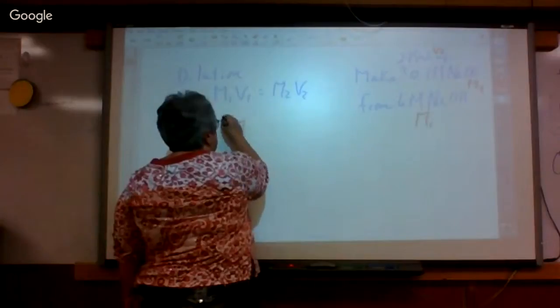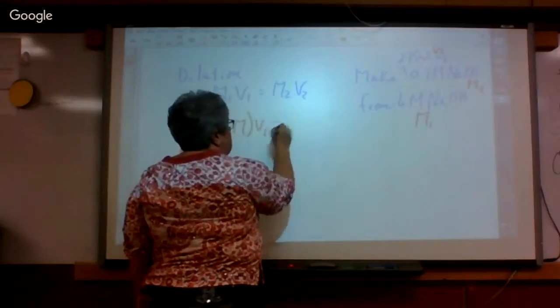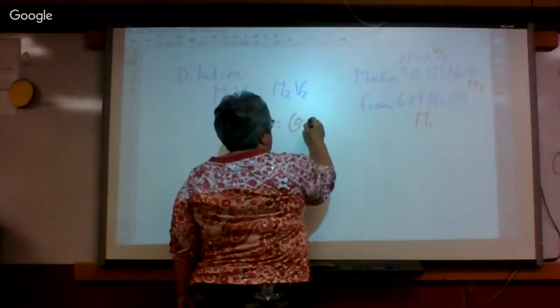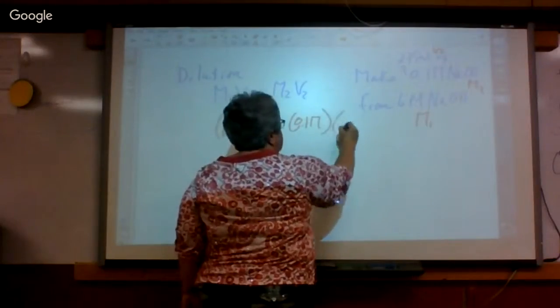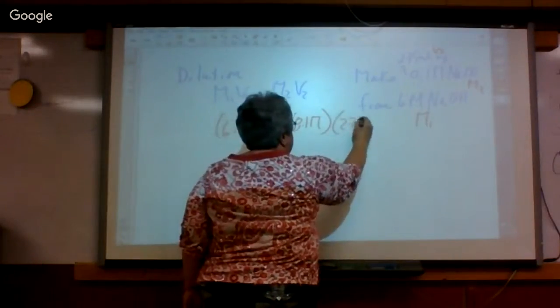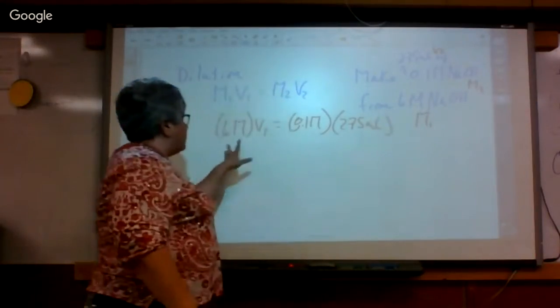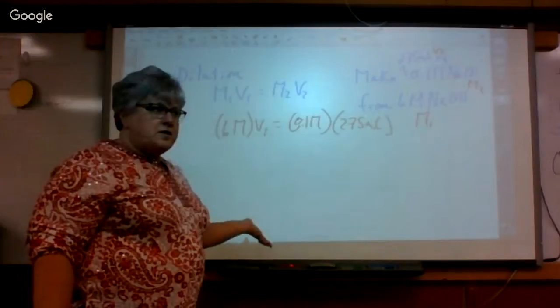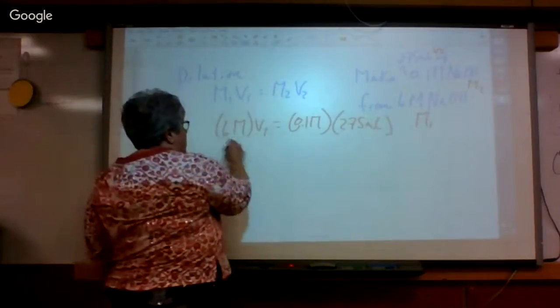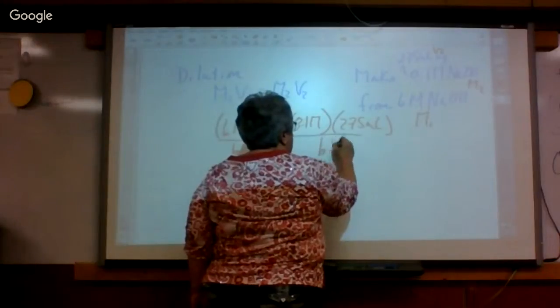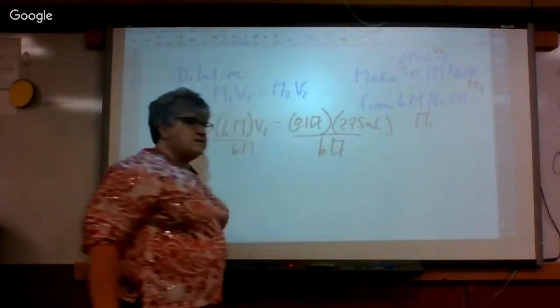So we're going to multiply that by our V1. We have our M2, which is 0.1 molar solution multiplied by 275 milliliters. And again, you guys are going to solve for V1 by doing what? Yeah, so we're going to divide both sides by 6 molar, and so our molarity is going to divide out.